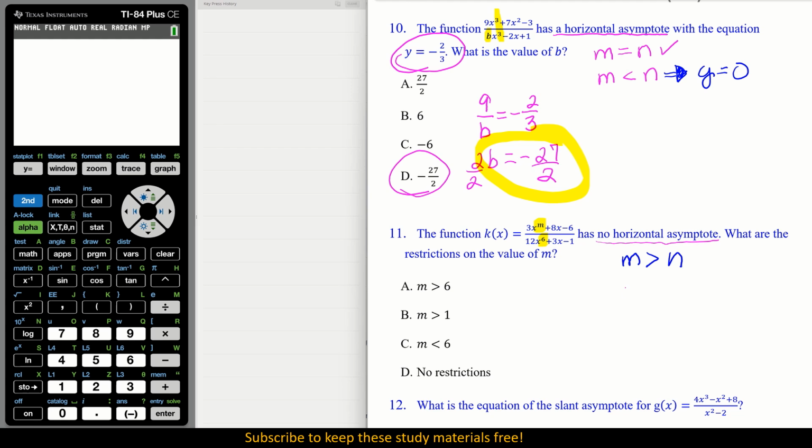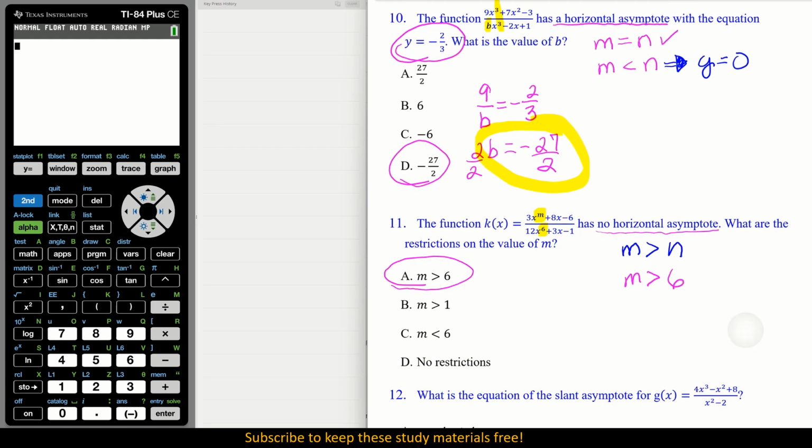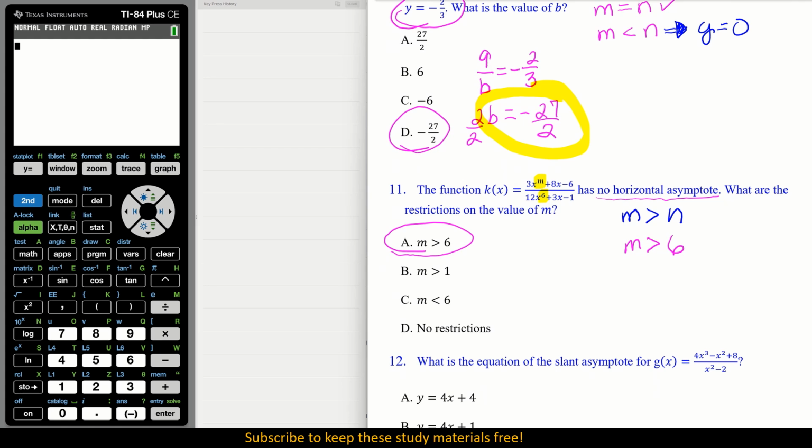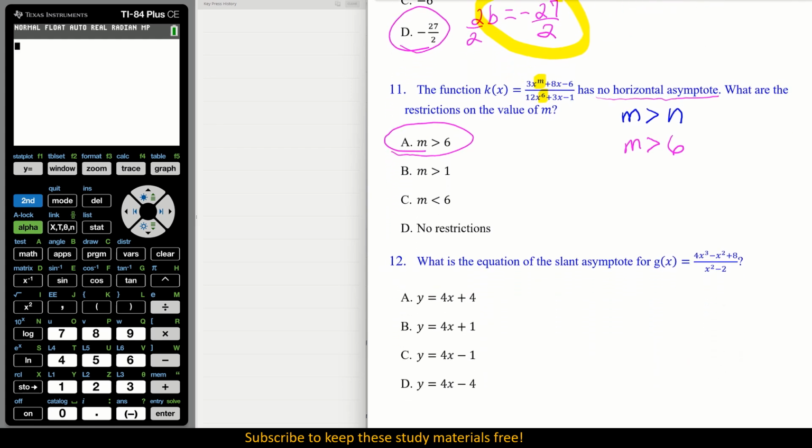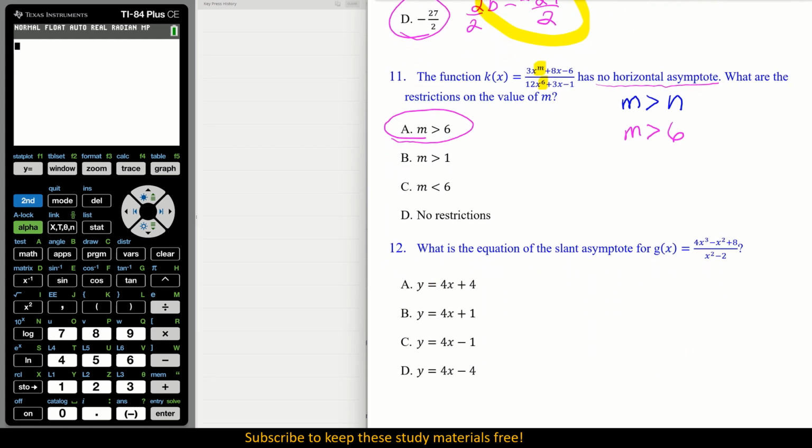So this means we would have m greater than 6, and the only option that satisfies is A. Okay? Those two questions were just, do you remember your rules? That's all they're trying to get is your understanding and memorizing the rules. So as long as you know your basic rules, you'll be just fine. Okay? Now let's go to 12.